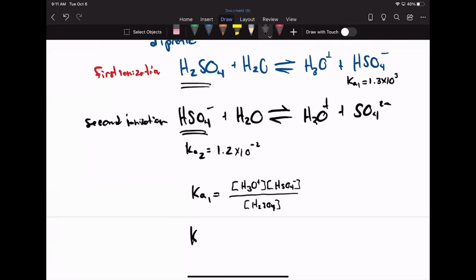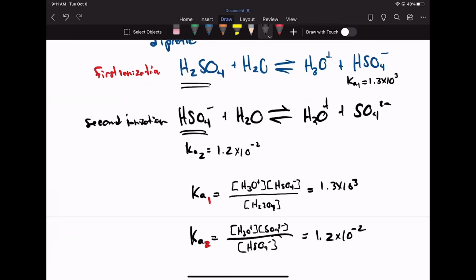The Ka2 is based off the second ionization, and we see that that's different: concentration of H3O plus, concentration of sulfate, over concentration of HSO4 minus. So two different calculations here. The calculation of this is going to equal 1.3 times 10 to the 3, and this is going to equal 1.2 times 10 to the minus 2.